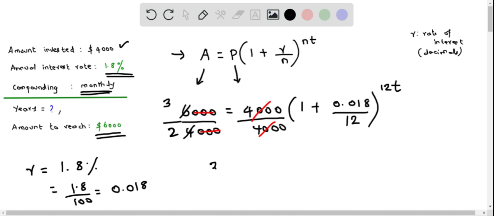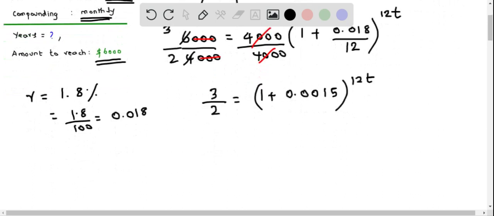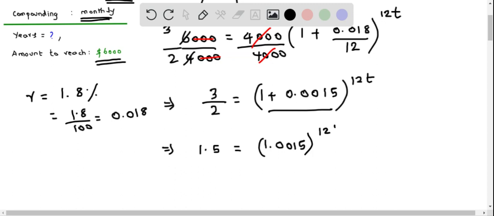So we get 3 halves, and so this equals 1 plus 0.018 divided by 12, and this equals 0.0015, and this has to be raised to the power of 12t. So 3 by 2 equals 1.5, and this equals, when you add these two, we get 1.0015, and this is raised to the power of 12t.